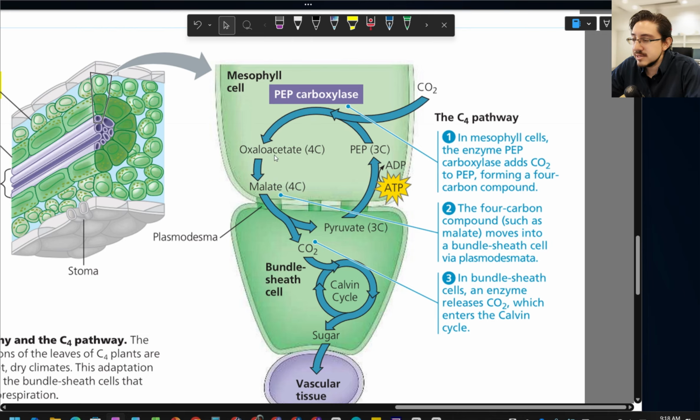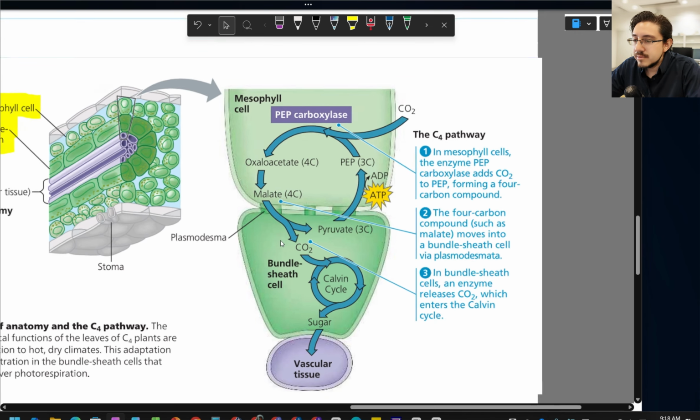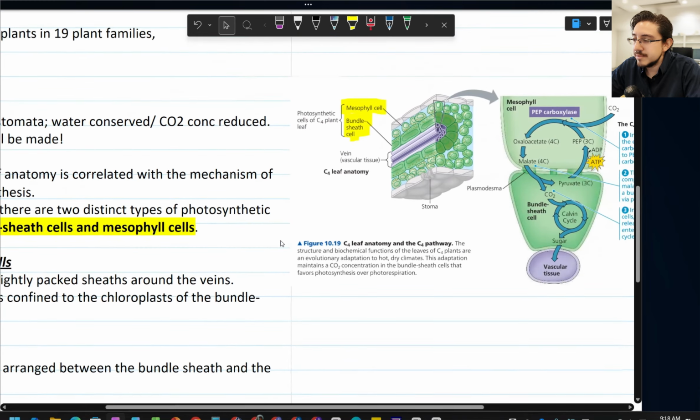This oxaloacetate undergoes a transformation into malate. It goes inside the bundle sheath cell through these channels, the plasmodesmata. And now we go to the next step.